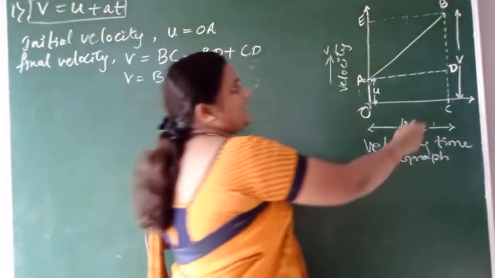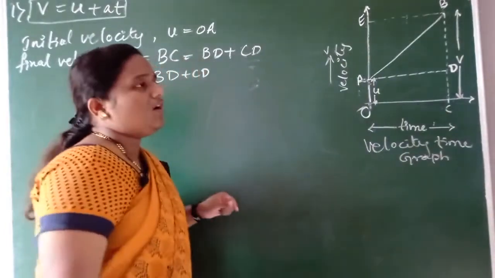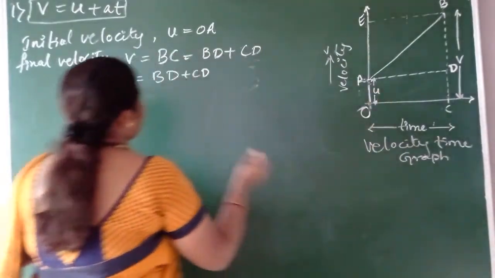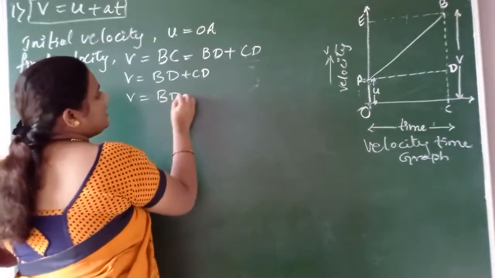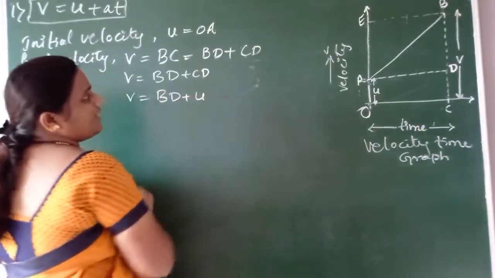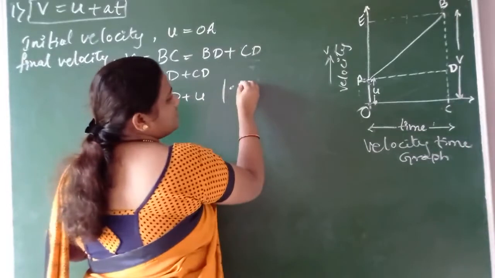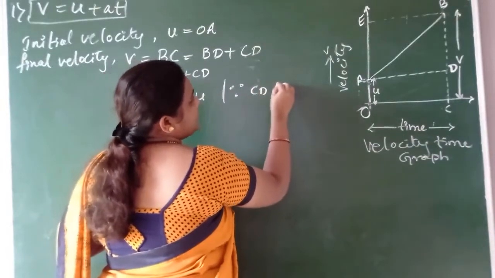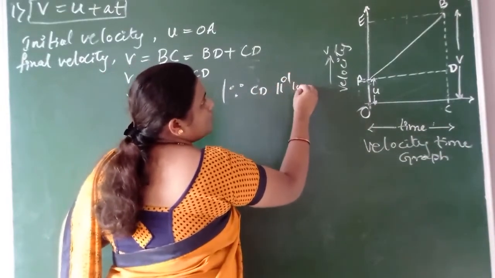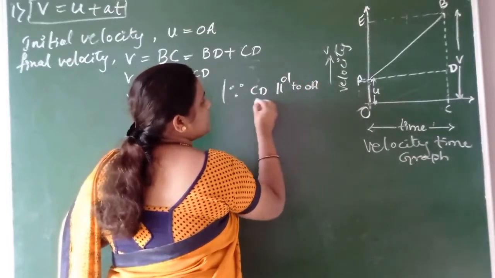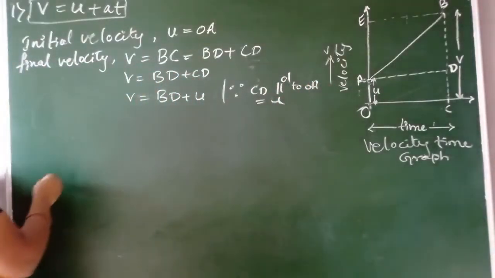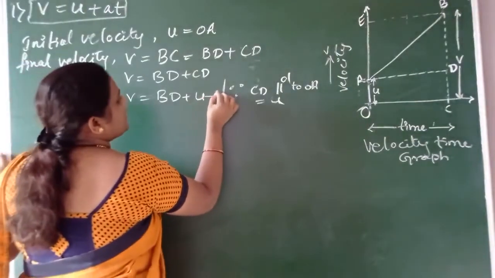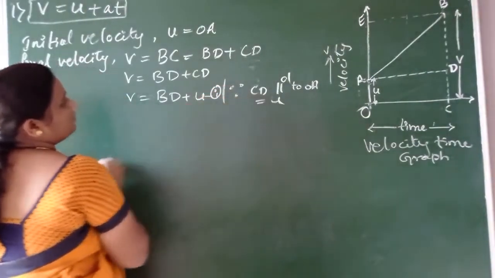Since this CD is parallel to OA, what is the value, children? u. So v is equal to BD plus u, because CD is parallel to OA, which is equal to u. Let us say this is equation number 1.